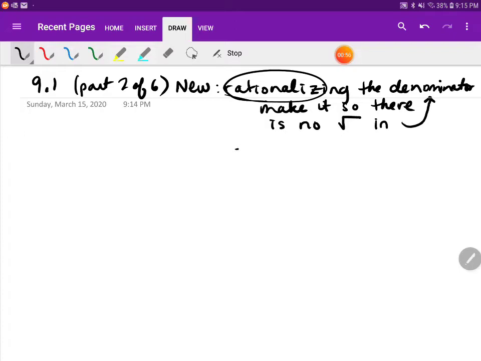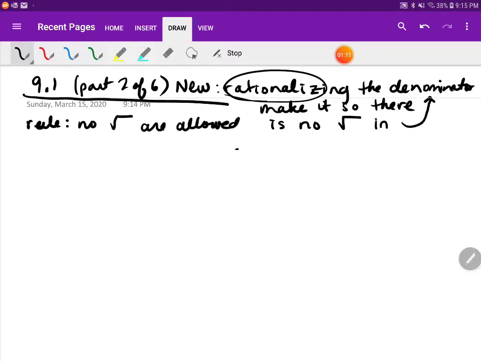So rationalizing the denominator. So there's a rule, a guideline, that says no square roots are allowed in the denominator.